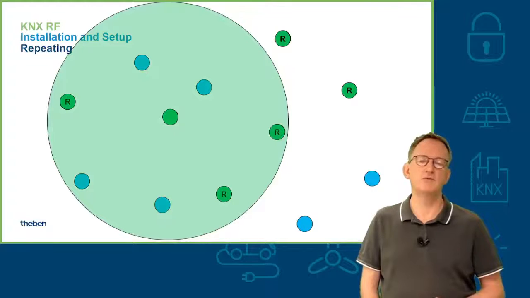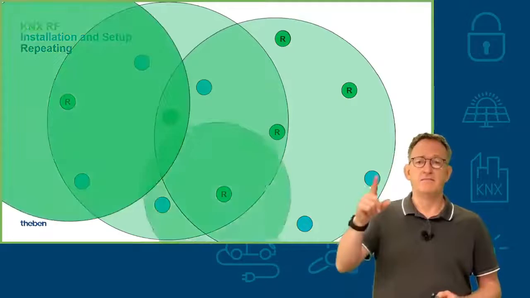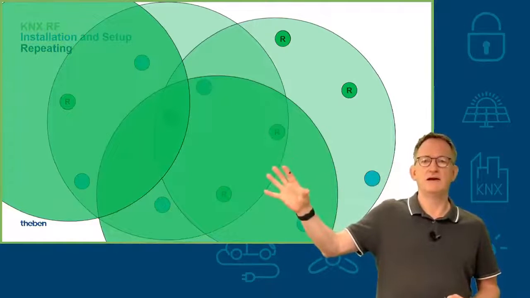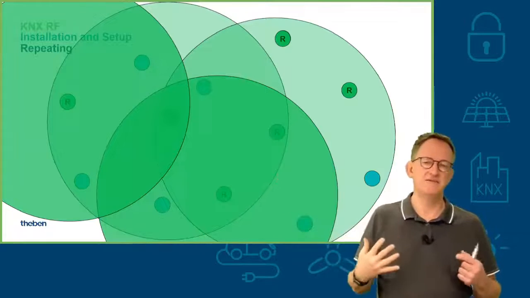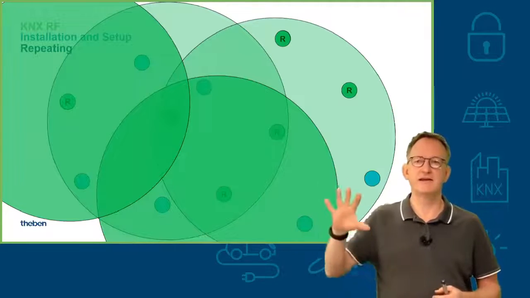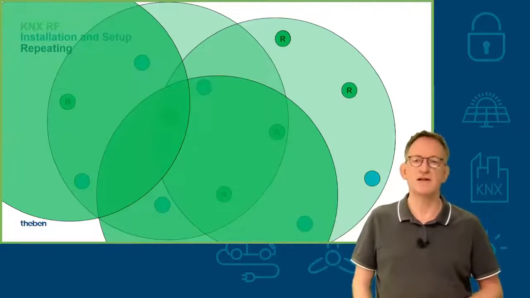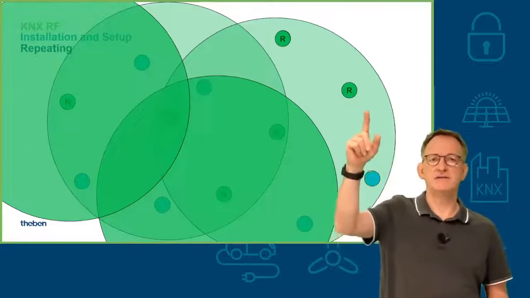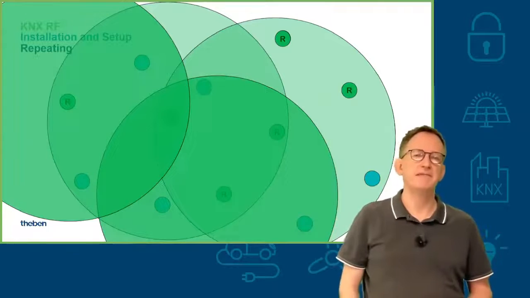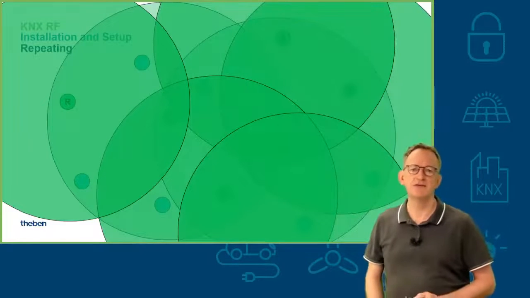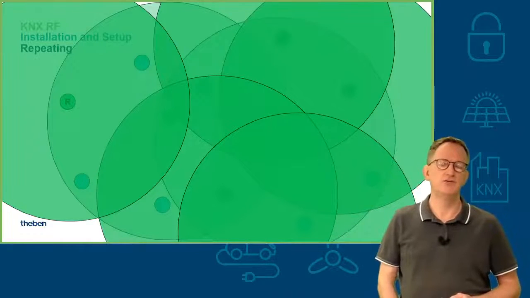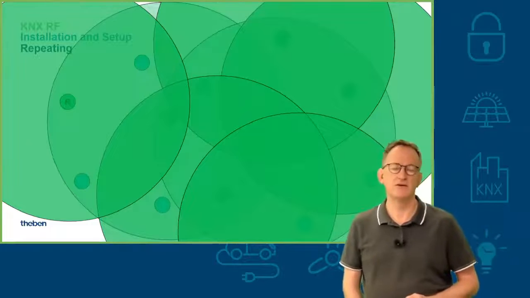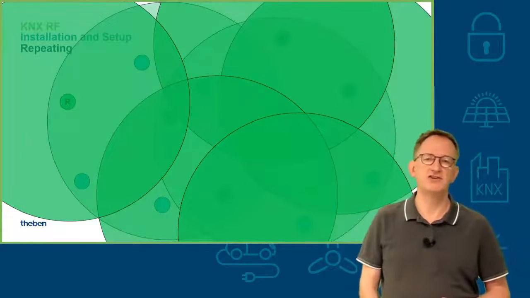The media coupler will send out a telegram to that range, and now these three repeaters will also receive the telegram and will resend it. And now you can see we have a pretty high overlap of the telegrams. And now these two repeaters will also receive their telegram, and now we suddenly have a huge chaos and a huge mess of telegrams and data on the communication side.